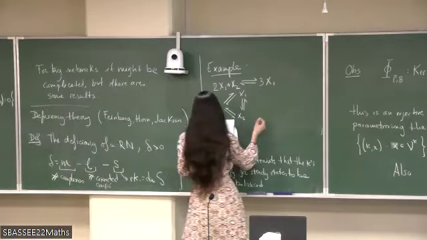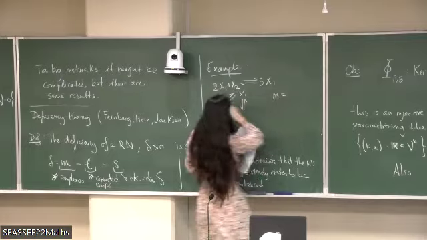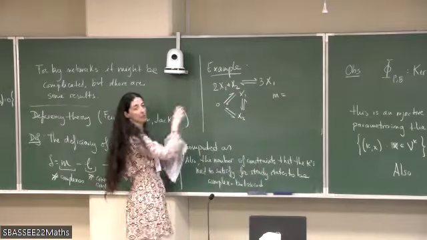And then the deficiency here: M is the number of nodes, and that will be 5 because all of them are different.